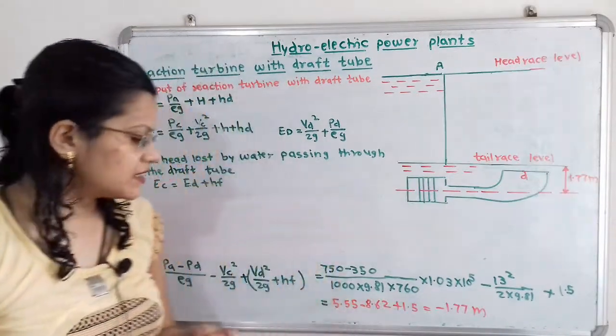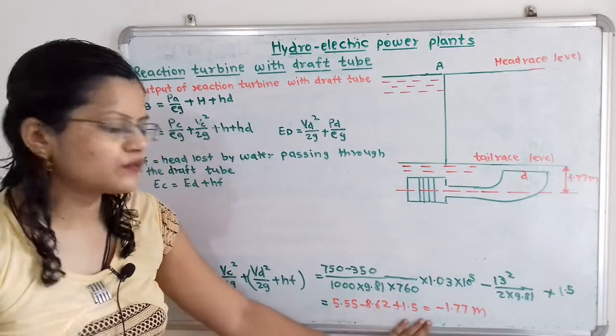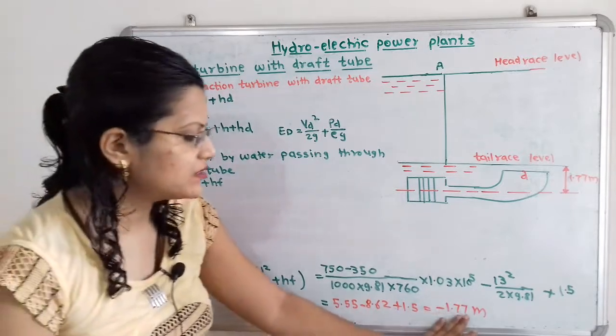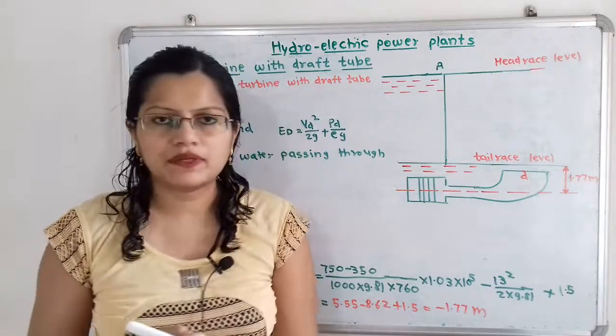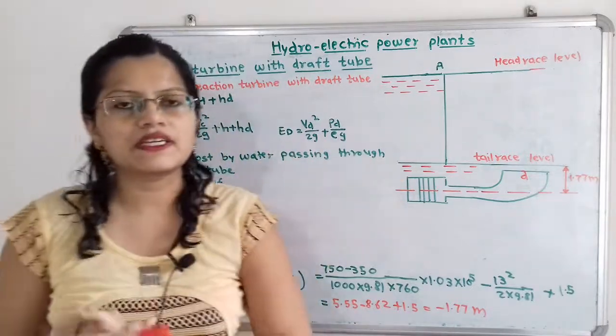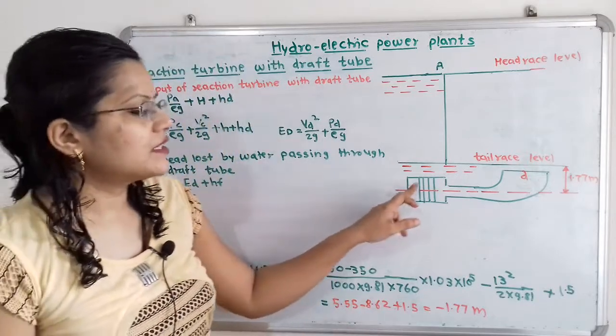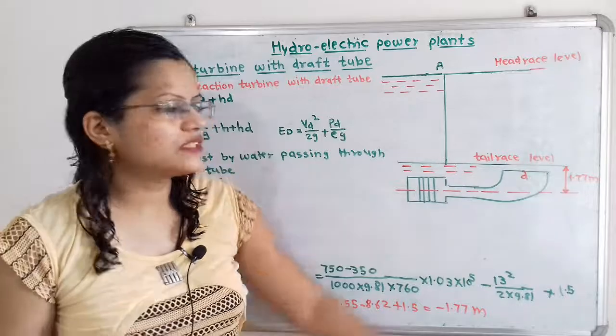When we calculate this, we get 5.55 minus 8.62 plus 1.5, which is equal to minus 1.77 meter. That is the height between the turbine and the tailrace level, with a minus sign. That means the turbine is below the tailrace level.